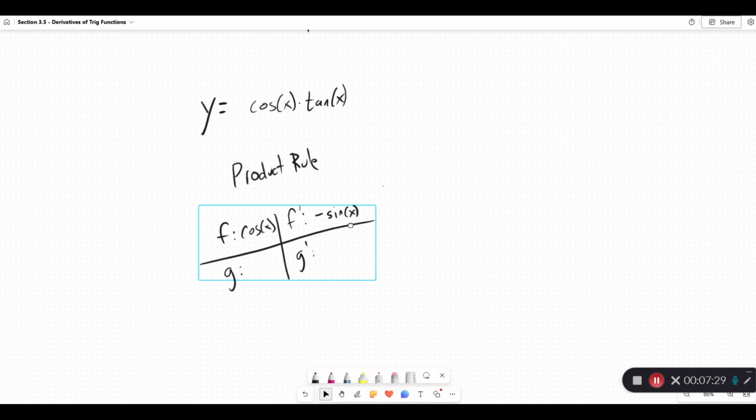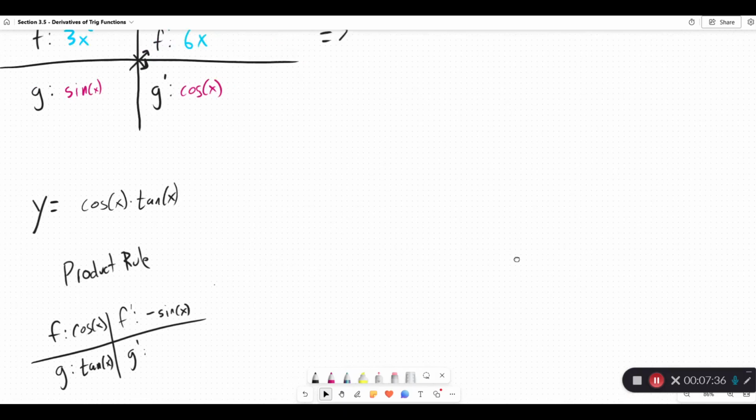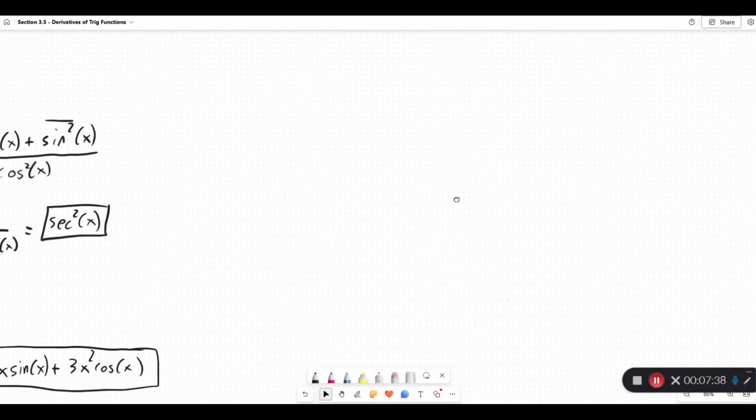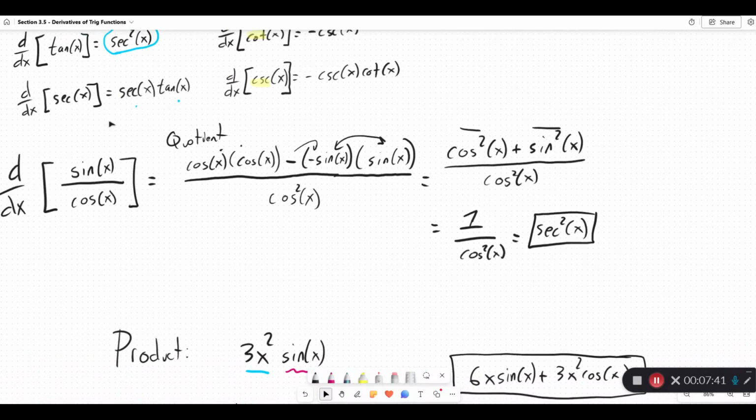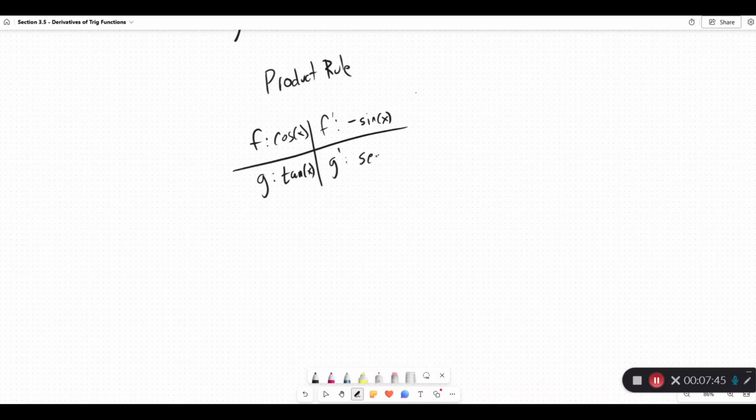Then we have tangent, and if we just go back to what we just did, we see the derivative of tangent is secant squared. And so, if you do the same sort of multiply, we're going to get negative sine x tangent x plus cosine x secant squared x.